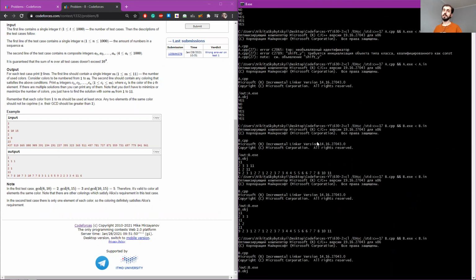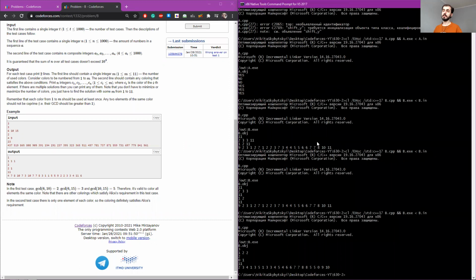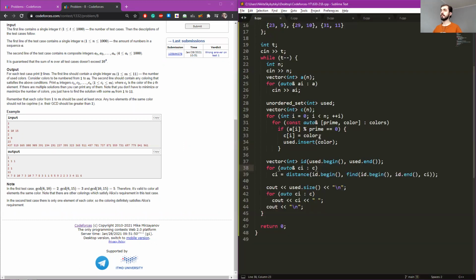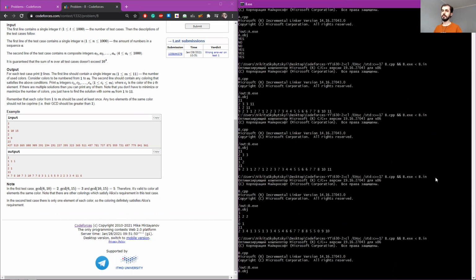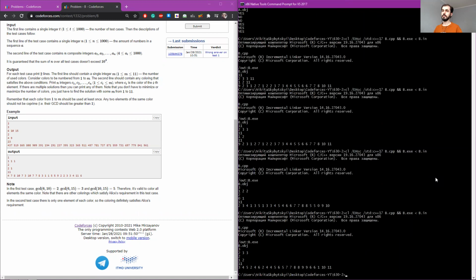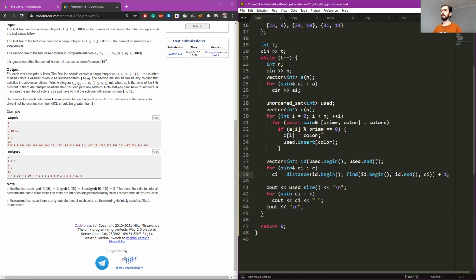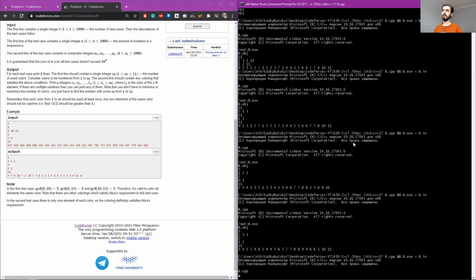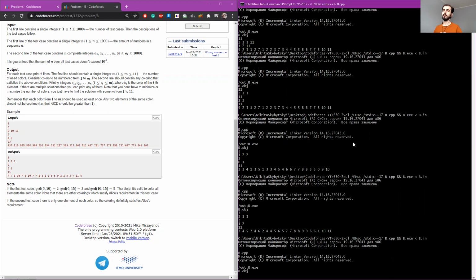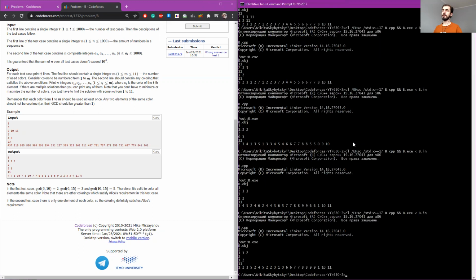I mean, I understand that it happens, but what? So apparently, to use plus 1, and now we have to break actually, because we need to make sure that every number will be used.